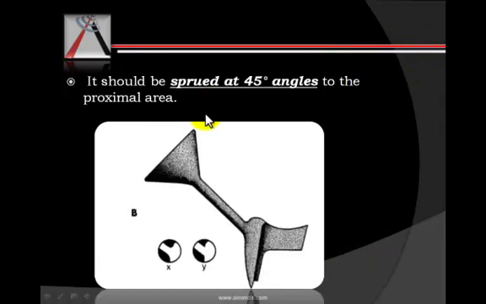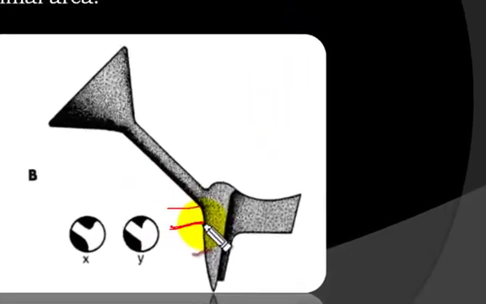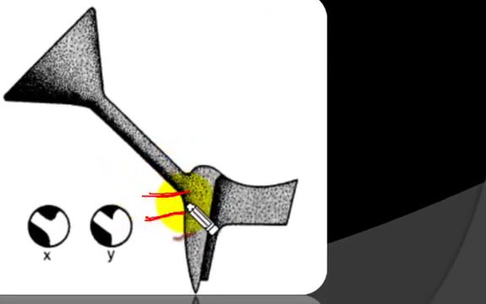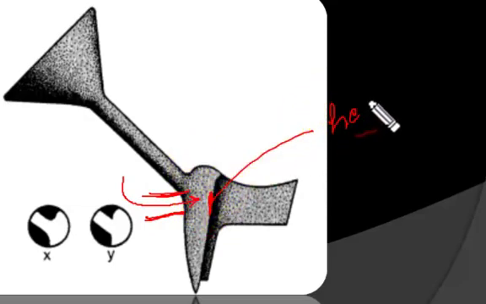The third criterion says that the sprue should be angled at 45 degrees to the proximal area. Now this point is quite simple. Imagine if your sprue is attached at 90 degrees to the proximal. In that case, the molten metal that flows in will hit this opposite wall, and since it will hit the opposite wall, it will create a lot of heat.